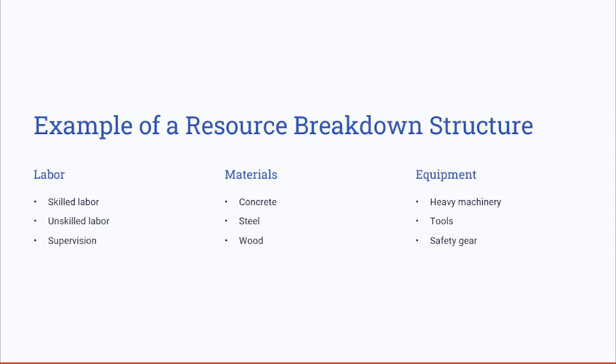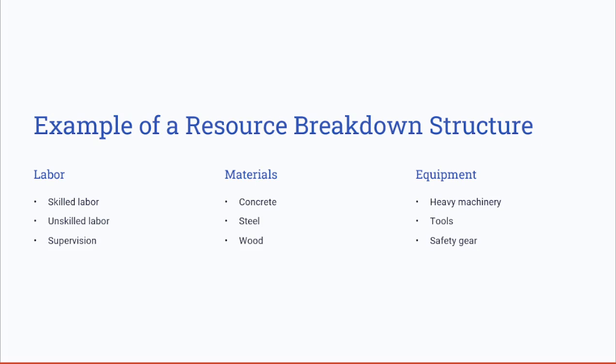To see an example of the resource breakdown structure, let's look at a construction project. The high level categories might include labor, materials, and equipment as the main categories. For example, under labor, you might break it down into skilled labor, unskilled labor, and supervision.